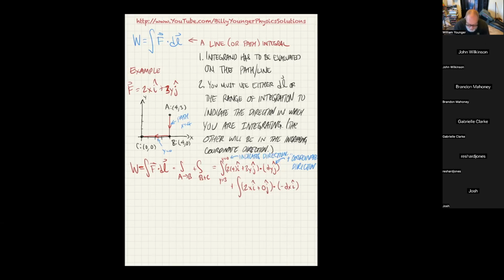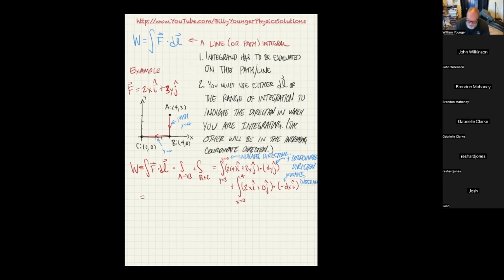And by doing so, I've actually got to choose the positive coordinate direction, which would be from x equals 0 to 4. Okay. So that indicates direction. Hopefully that is enough notes for you to understand it.